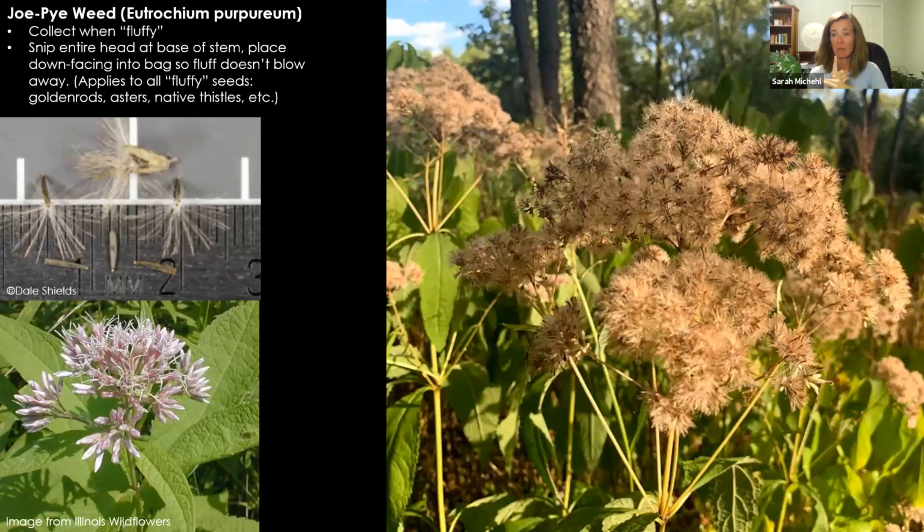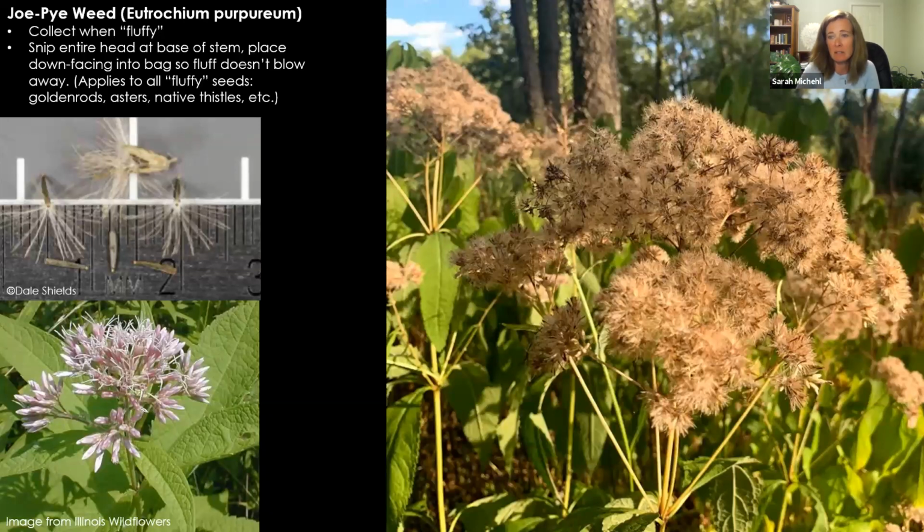I would clip it right at that central stem with scissors, and then I would take that seed head and all the fluff and very carefully put it into an open paper bag with the fluff and the seeds down, not up, because they're just going to fling out of the paper bag all over the place. So just very carefully put it in there. And then I would collect a bunch of them and have them in the same bag.